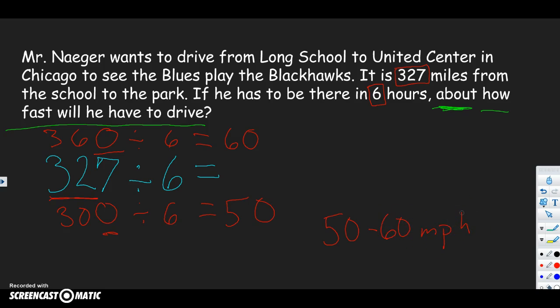And in this situation, since I have to be there in 6 hours, I can't go over. So I'm going to say that my best estimate is that I need to drive 60 miles per hour. Obviously, I'll be looking and paying attention to any speed limit signs because we don't want to get pulled over.